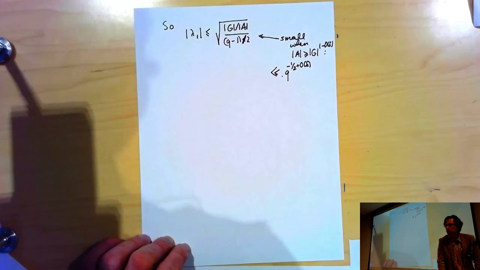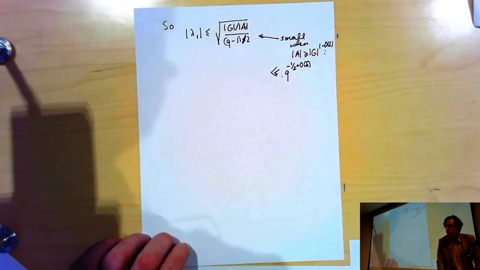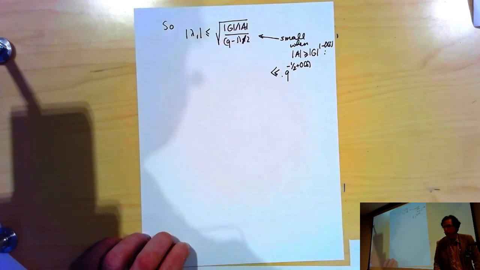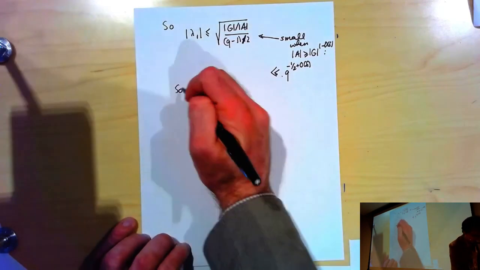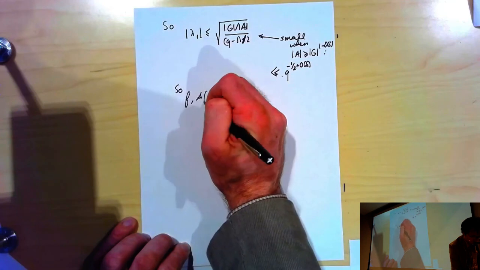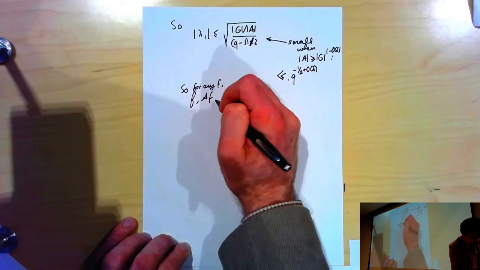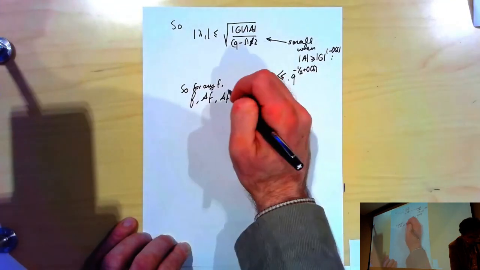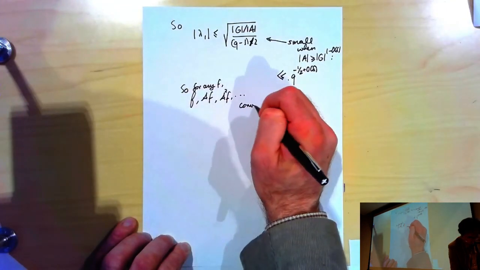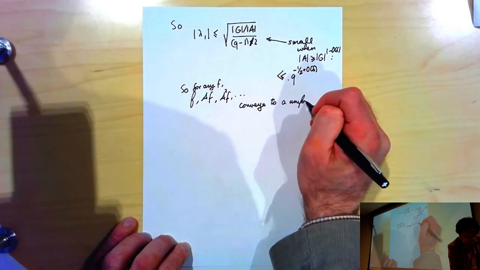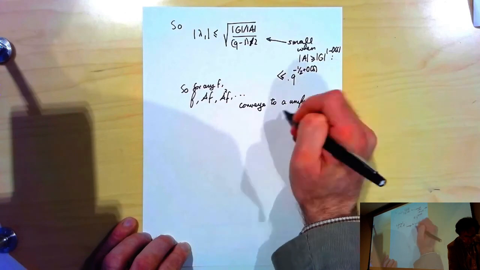That means that the application of the adjacency operator makes things close to uniform very, very quickly. So for any f, this converges to a uniform function extremely quickly.